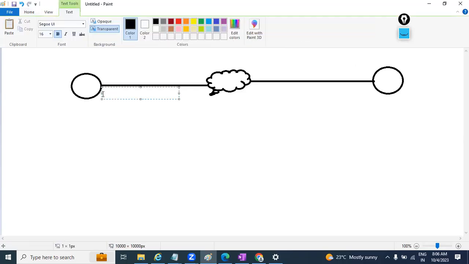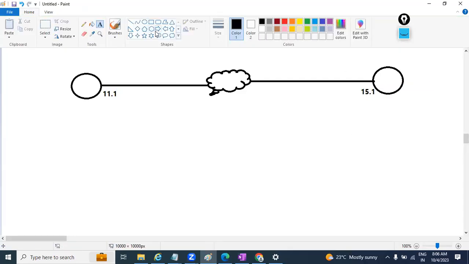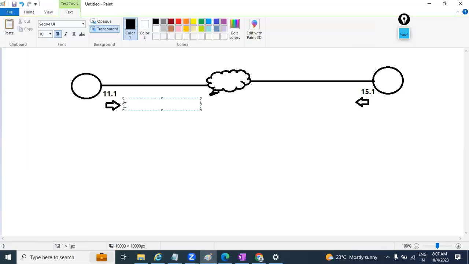This IP is 11.1, and this one is 15.1. We have configured a default route in this direction, and here again a default route. Because of the default route, we have reachability. This is 0/0, and here again 0/0.